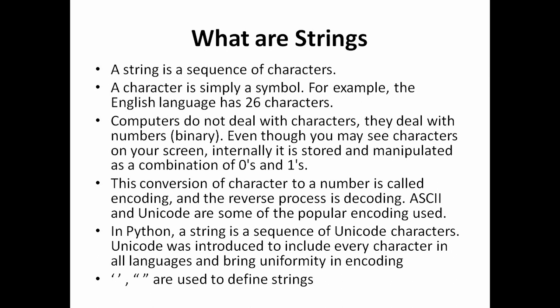For example, the English language has 26 characters or symbols, but our computers do not understand these characters. What they understand is binary numbers, the language of 0 and 1. So we use encoding to convert characters into binary numbers, and the reverse process, converting binary numbers to characters, is called decoding.